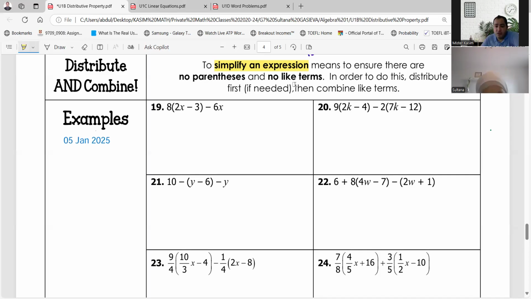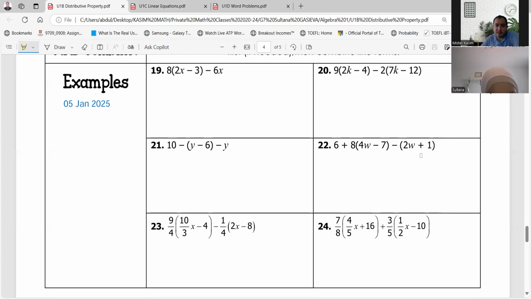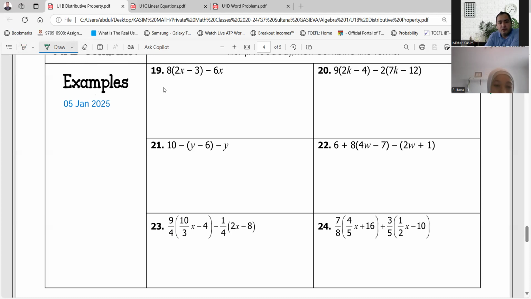Okay, you have done a lot of questions, but now we are working on speed. Try to calculate a bit faster. All right, 19. What do we do here? We first do 8 times 2x, 16x. First, we have to distribute, right? 16x minus 8 times 3 is 24.